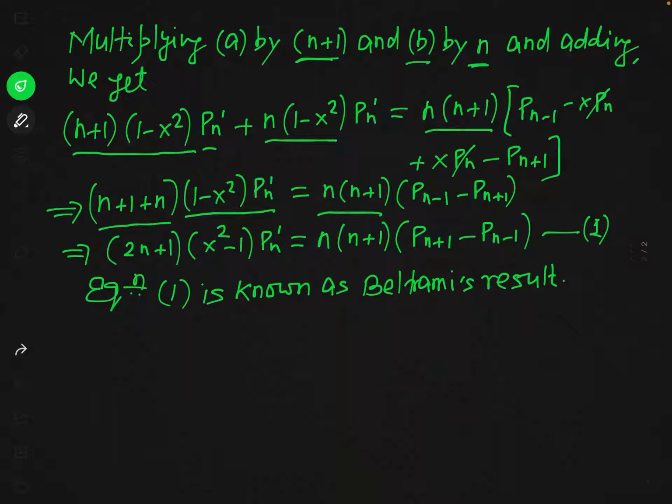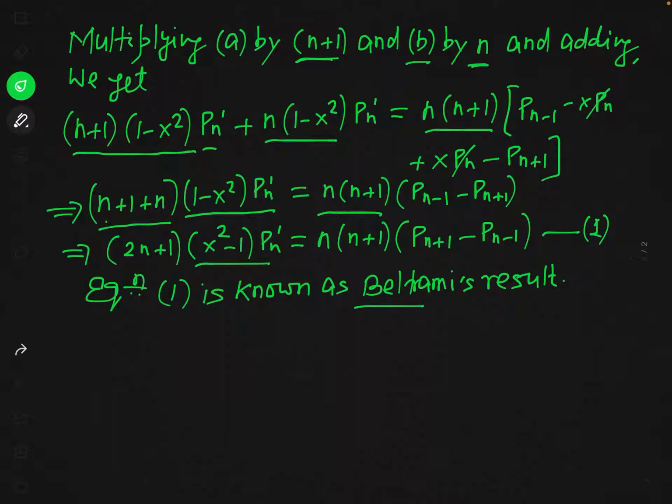Now this n plus n will be 2n, so this is (2n plus 1) into this much, and the RHS is n into (n plus 1) into (Pn plus 1 minus Pn minus 1). So this result which we have obtained in this equation 1 by the use of the fifth and sixth recurrence formula, this result is known as Beltrami's result.